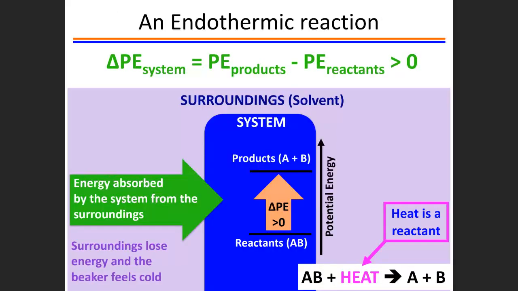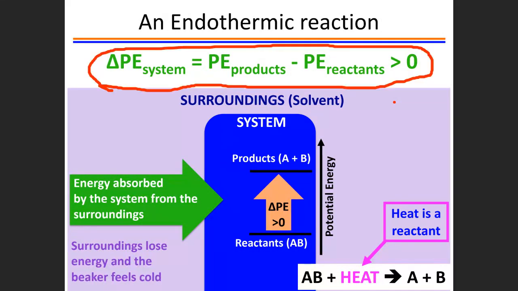Like here, in the case of an endothermic reaction, what is the relationship for the total potential energy of the system? So this is our relationship. The total potential energy change, we can write as del PE equals potential energy of products minus potential energy of reactants.